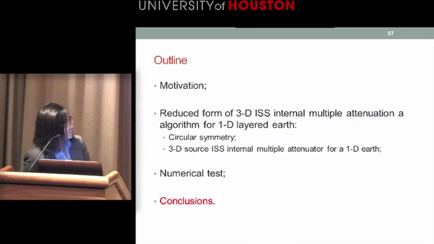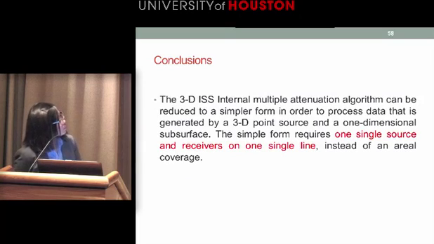Okay, here's my conclusion. The 3D SS internal multiple attenuation algorithm can be reduced to a simpler form in order to process the data that is generated by a 3D point source and a 1D subsurface. The simple form requires only one source and the receivers on one single line, instead of area coverage of the receivers.